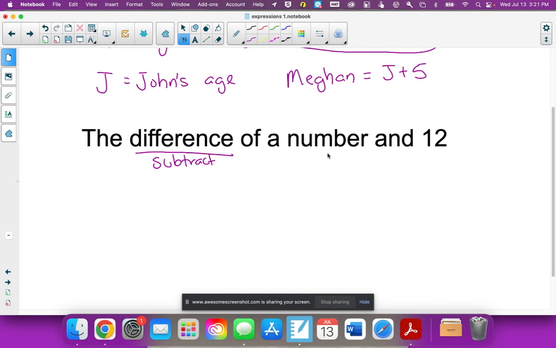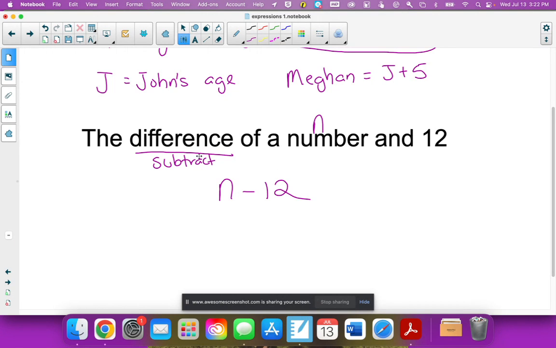You can use X, and do me a favor, don't use O and don't use I because it tends to get lost in everything else as far as looking like numbers. So don't use O and don't use I. All right, so the difference of a number, I'm just going to call that N, and 12. So N minus 12. So you need to make sure you're doing this in the correct order.